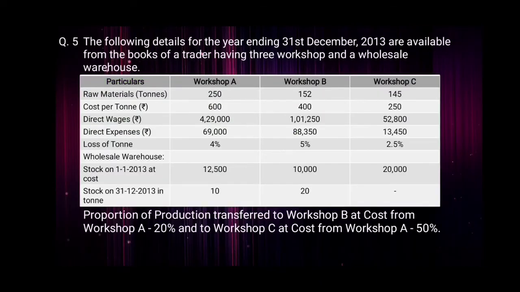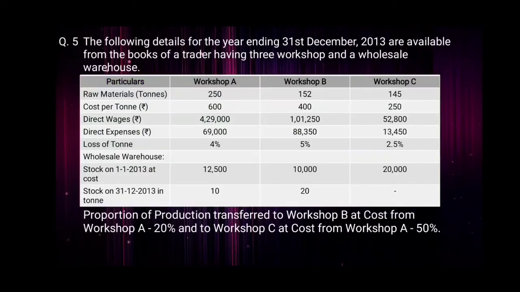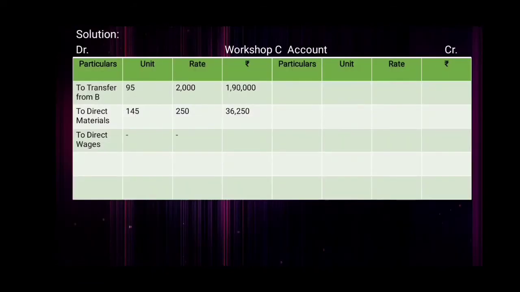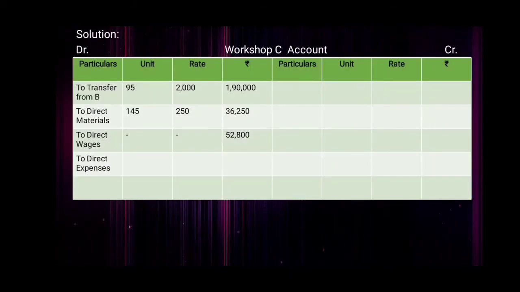Next, direct wages. Direct wages amount is given as 52,800 for workshop C. So the amount will be 52,800. Next, direct expenses, which is given as 13,450 for workshop C. To direct expenses, 13,450.